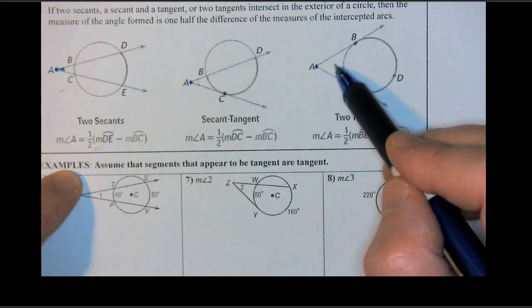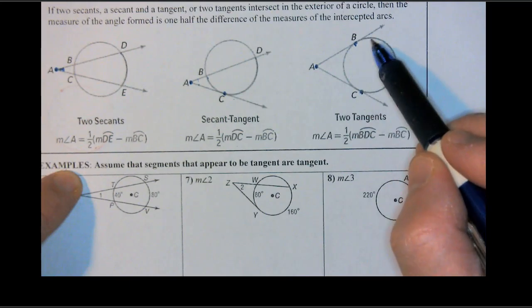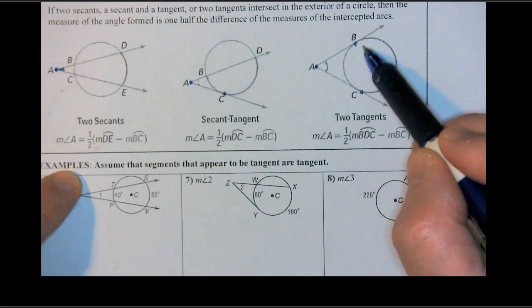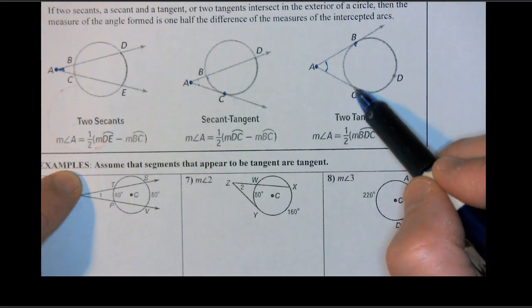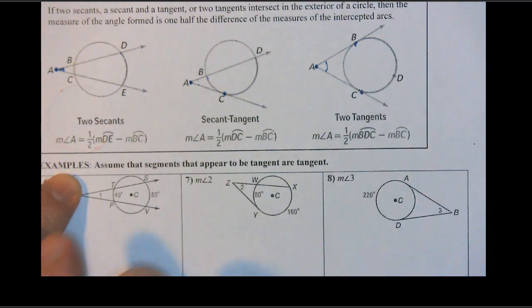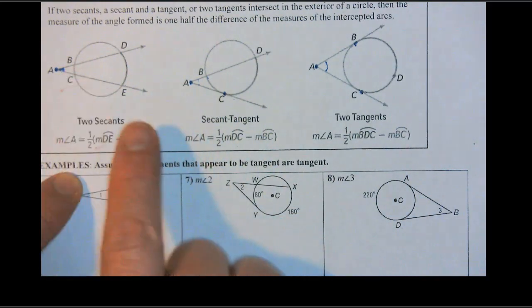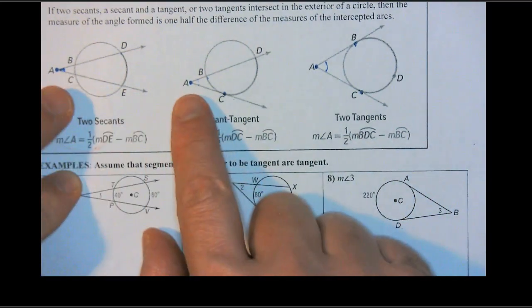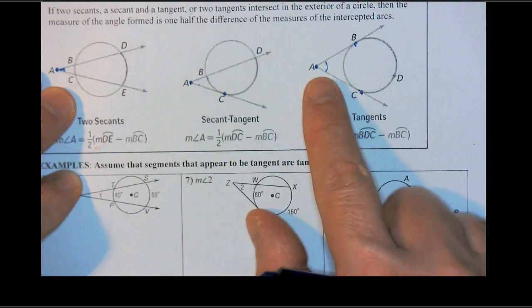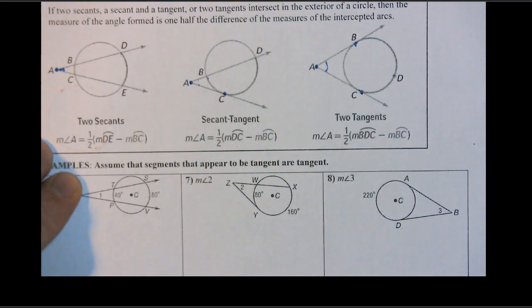And the last one, if I have two tangents, same thing: 1/2 times the bigger arc minus the smaller arc. So the formula is always the same. 1/2 the bigger arc minus the smaller arc. This happens when you have the intersection being outside the circle.